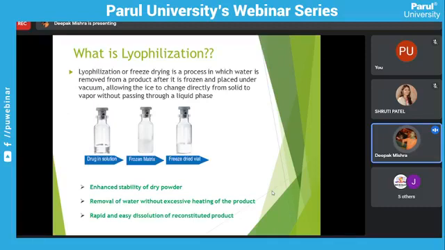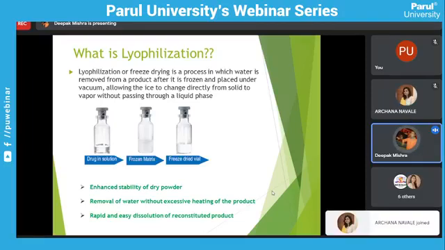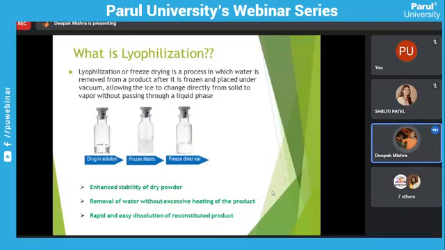It enhances the stability of dry powder. If your molecule is not stable in liquid form, we can use it as a powder through the lyophilization process. Other processes are also available, but for a sensitive molecule we can't use drying in other manners, so we use lyophilization to enhance the stability of the dry powder.